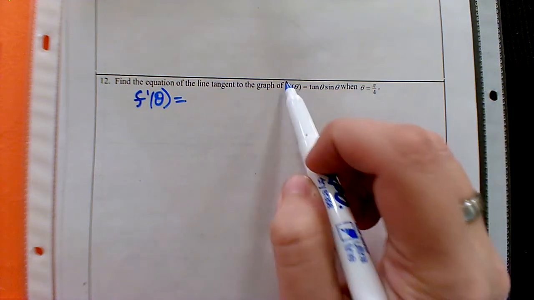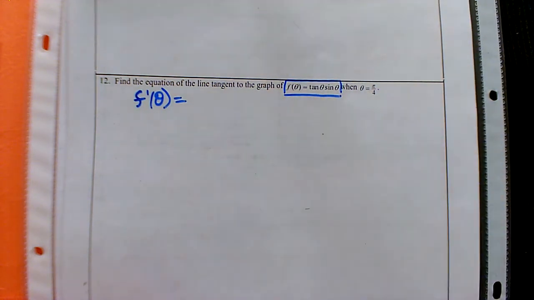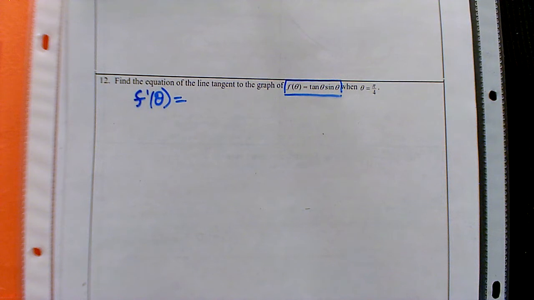Taking a look at your equation, we have tangent times sine. So how are you going to find the derivative? Think about your shortcuts.